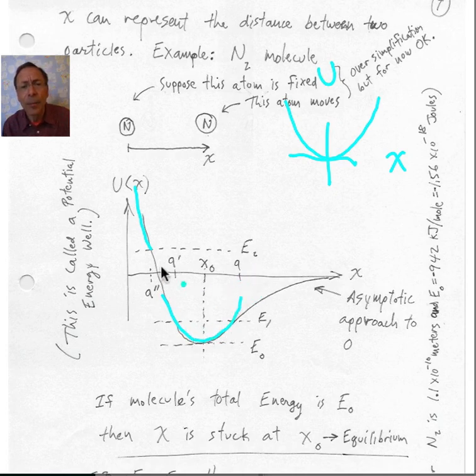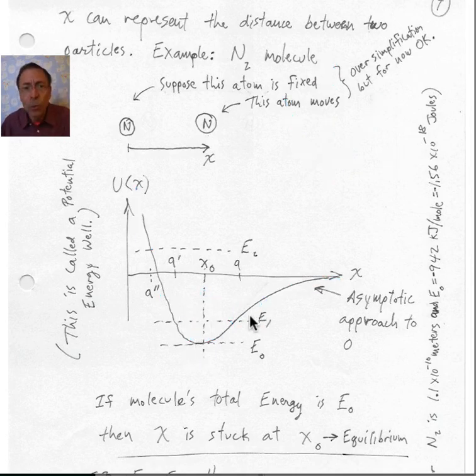But when you get real close, this is more like a hyperbola, right? It shoots up to infinity, and then over here, it kind of looks like an exponential, an e to the minus x sort of thing, and it eventually goes to 0. So molecules have their own special potential energy curve.